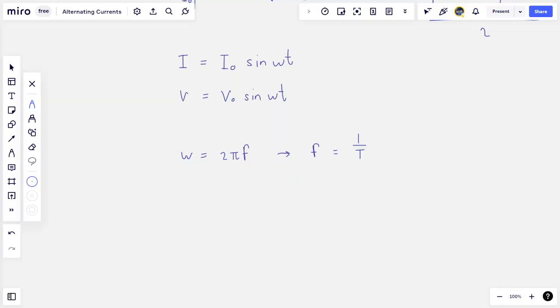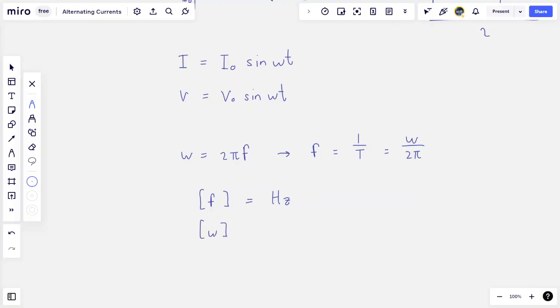It does so 60 times per second in the US and 50 times per second, I think, everywhere else. And this frequency is equal to the angular frequency, which is the name for omega, divided by 2 pi. And so if I recall my units, I'm going to use square brackets to denote units. So square brackets f means units of f, which is simply the hertz, or per second.